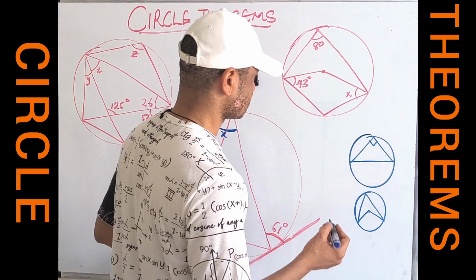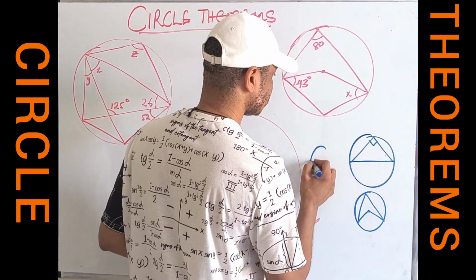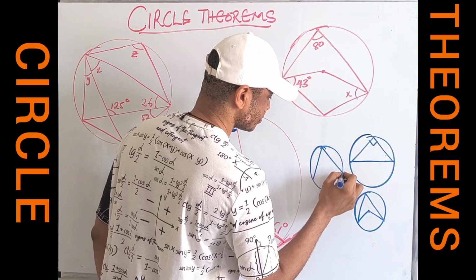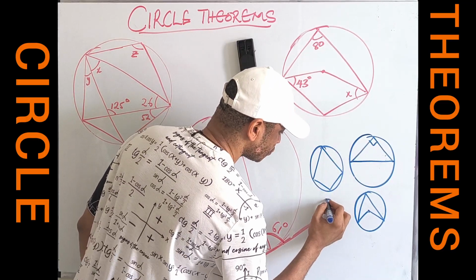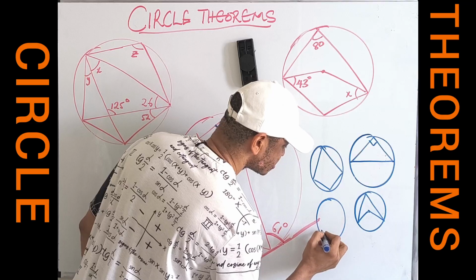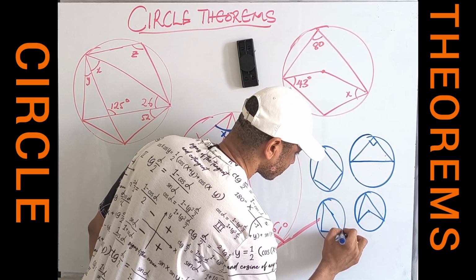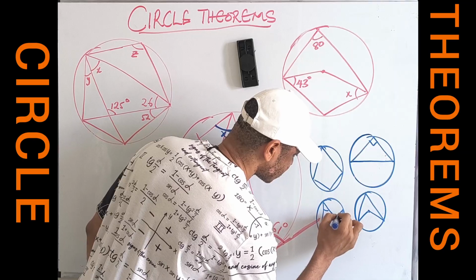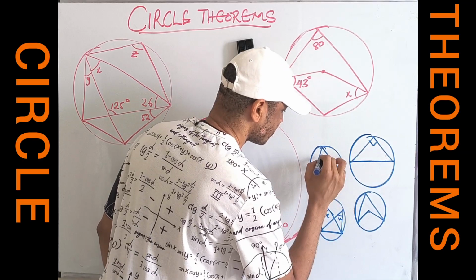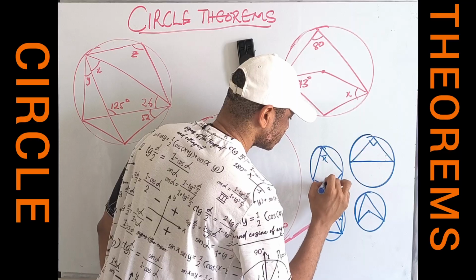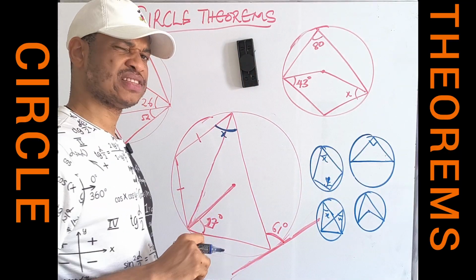Which ones are left? I'm left with quadrilateral. I'm left with same segment. Remember, this and this add up to 180. Which one is left?